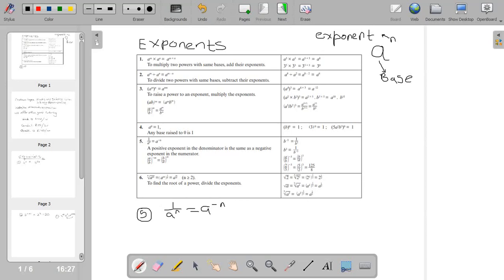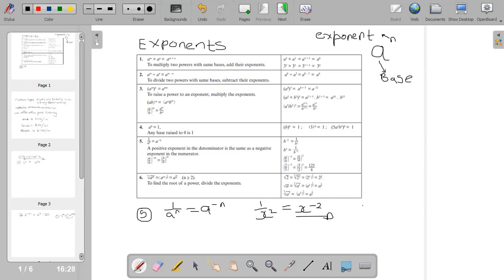So we take this power a exponent n to the numerator, and the sign of the exponent changes. For example, if we have 1 over x squared, the answer will be x exponent minus 2.